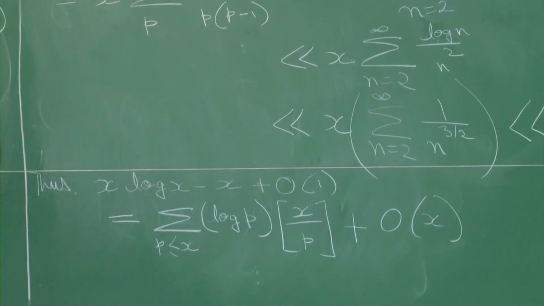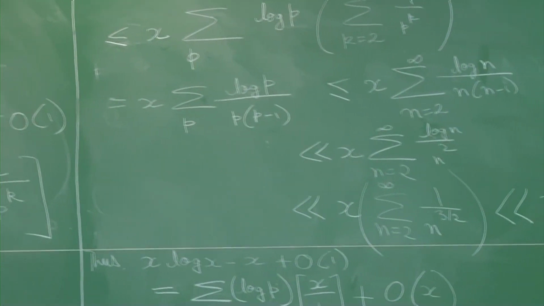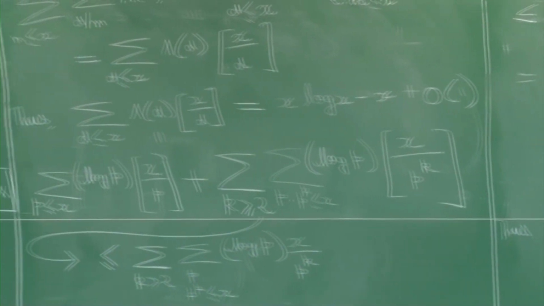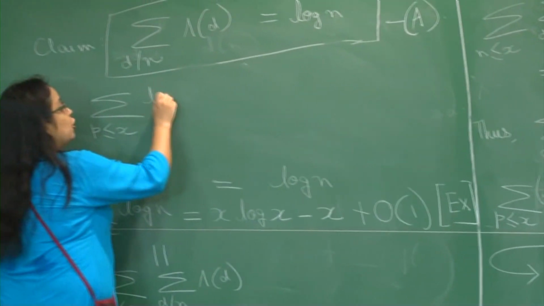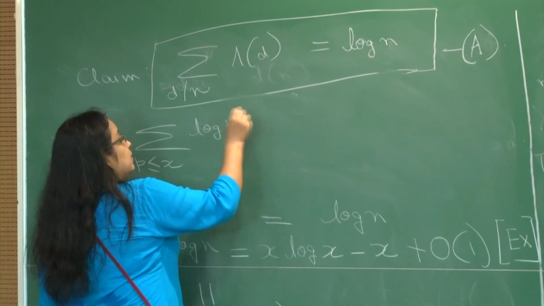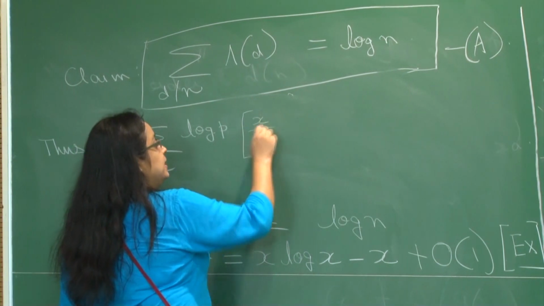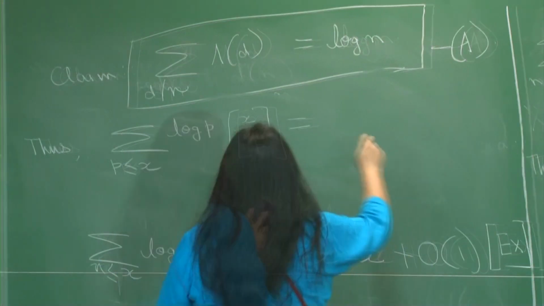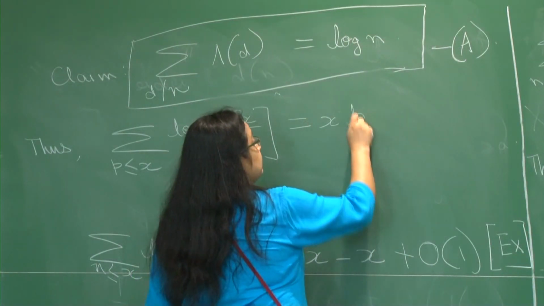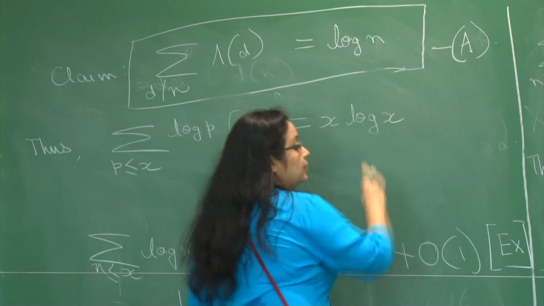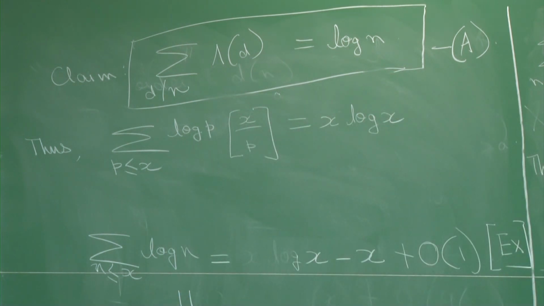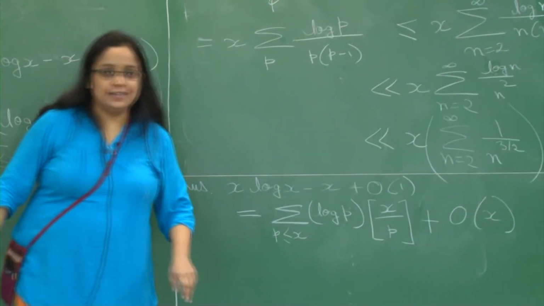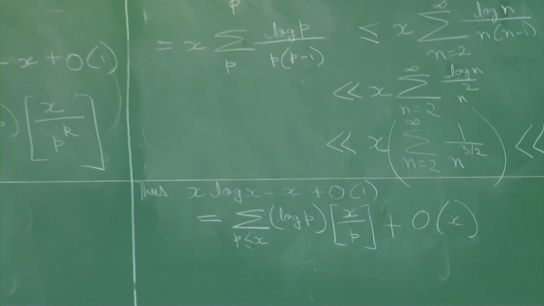So, we conclude that our summation p less than or equal to x of log p times x over p is equal to, what is this equal to? X log x minus x plus O of x, which moving to the left hand side does not become minus O of x, it is still O of x.